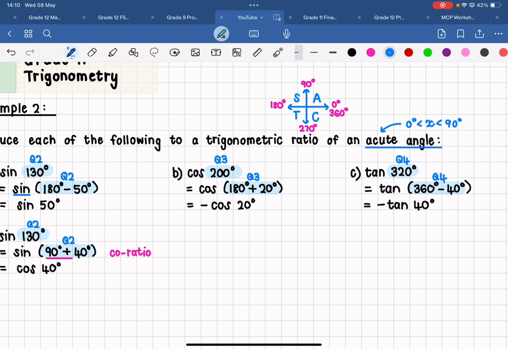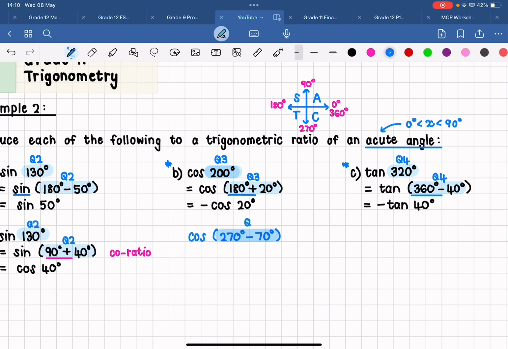Now, one thing that I didn't mention in these last two questions is the 270. You might be wondering, why did I only do 180 plus and 360 minus? The 270-degree reduction formulas are not in the syllabus anymore, but it works the same as 90 plus. So for cos 200, we could have changed this to 270 minus 70 degrees, because again 200 is equal to 270 minus 70.